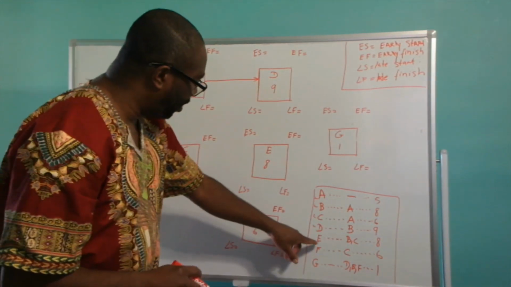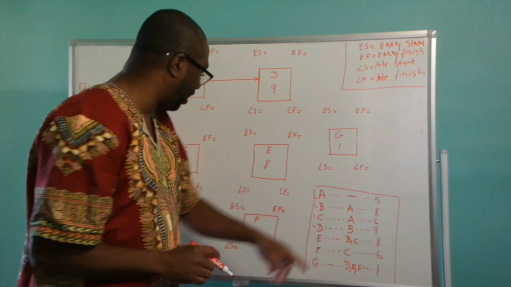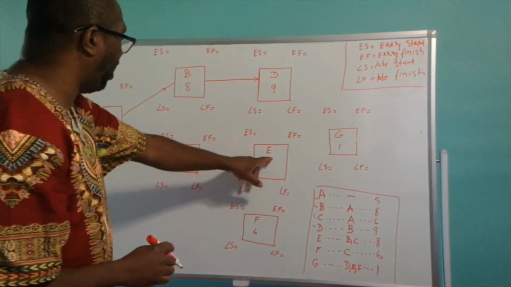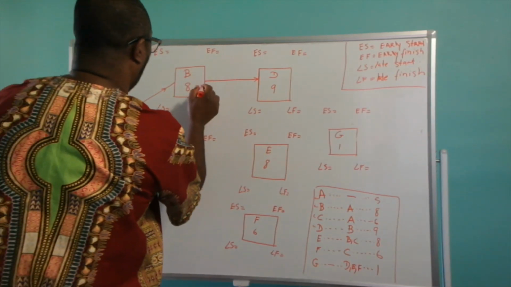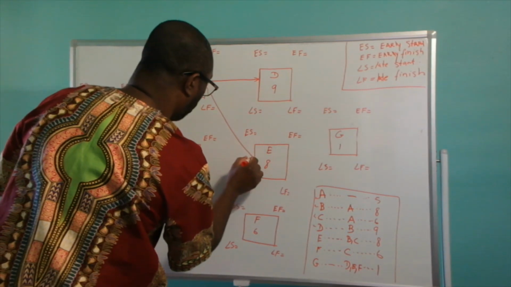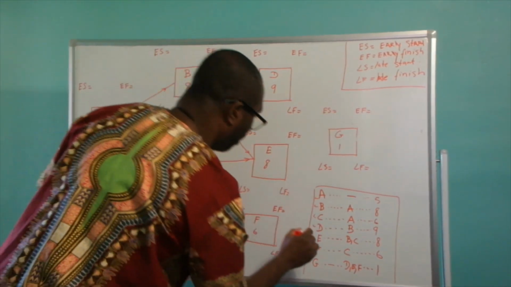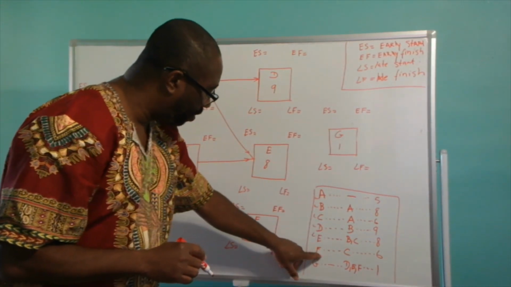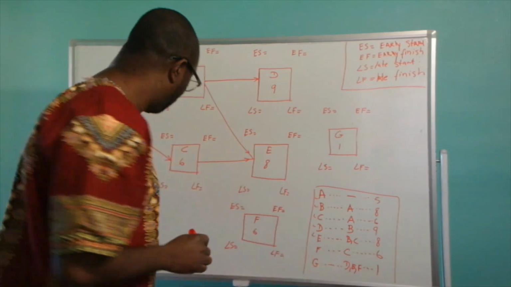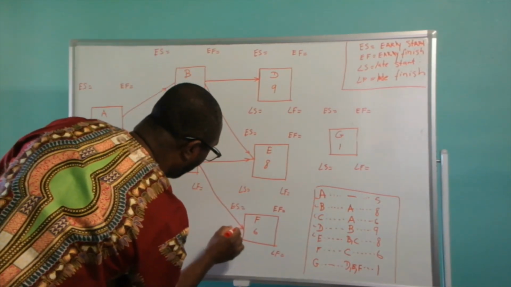Now, activity E comes out of activity B and C. So we have activity E right here. So we're going to link B and C to activity E. Right? So activity F comes out of activity C. So we'll link activity F to activity C right there.